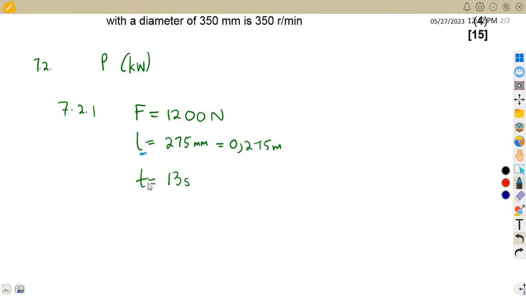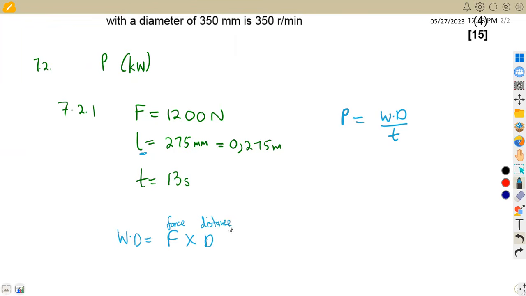Whenever we have time, the formula to think of is work done over the time taken in seconds. But how can we get the work done from this information? Remember that work done is equivalent to force times distance.